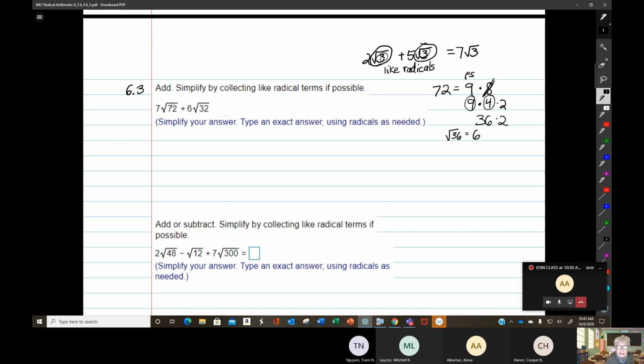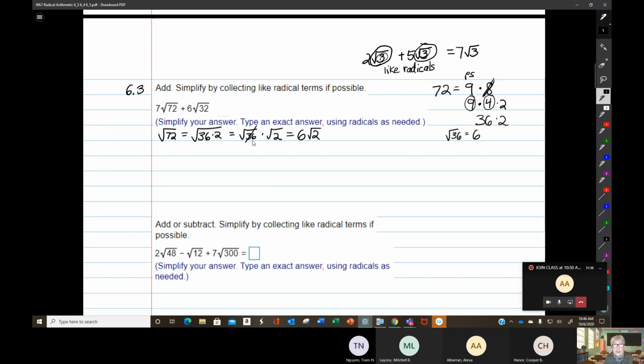So let's look at the square root of 72. The square root of 72 equals the square root of 36 times 2, equals the square root of 36 times the square root of 2, equals, because the square root of 36 is 6, 6 times the square root of 2.